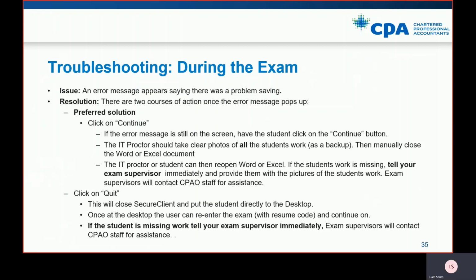In most cases, the student's work won't be lost, but if all else fails, at least we have something for the student. If a student clicked on quit, they will be kicked out of their exam. In this case, the IT proctor should get the student back into their exam using the resume code. If the student is missing any work, let an exam supervisor know as soon as possible.